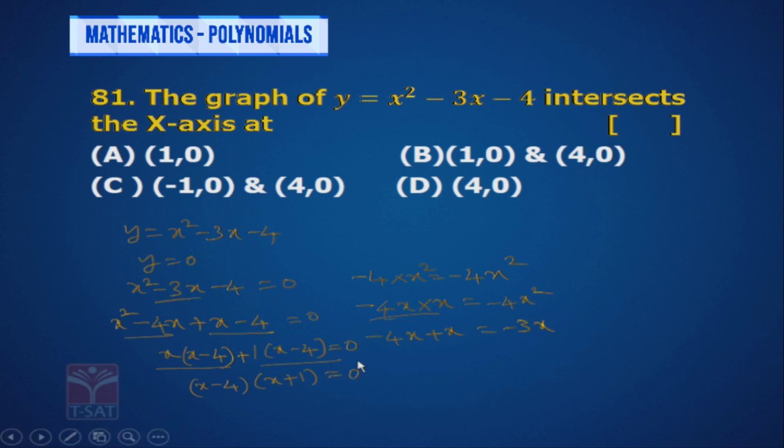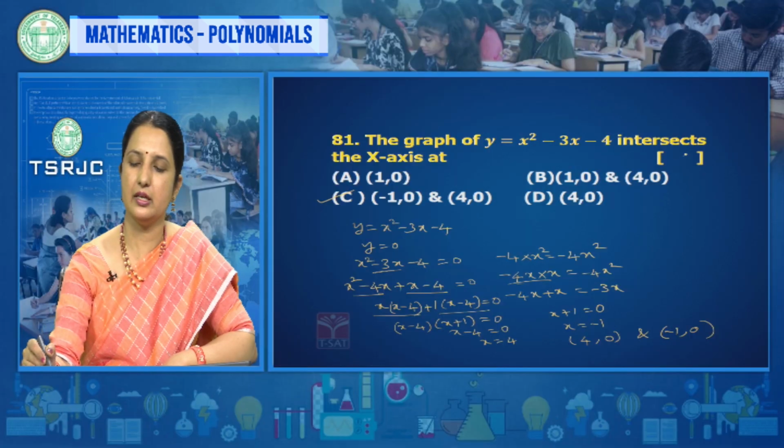So when x minus 4 equals 0, you will get x equals 4. When x plus 1 equals 0, you get x equals minus 1. So the points are 4 comma 0 and minus 1 comma 0. The option C is the correct one.